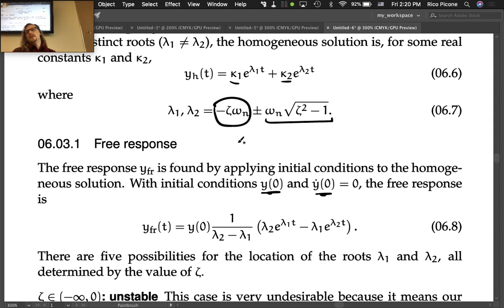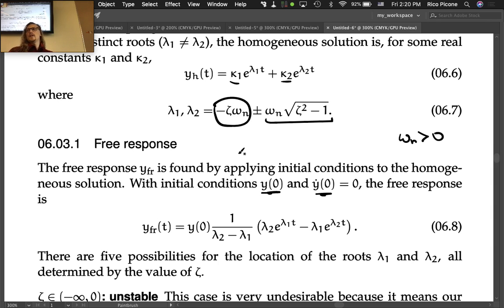What you end up seeing is that omega n we assume is always positive, but zeta is potentially negative, and if it's negative, then we have a negative sign already here. So we have a positive real part of your solution. And what does that mean about stability? What happens if you have a positive real part for any of the roots of your characteristic equation?